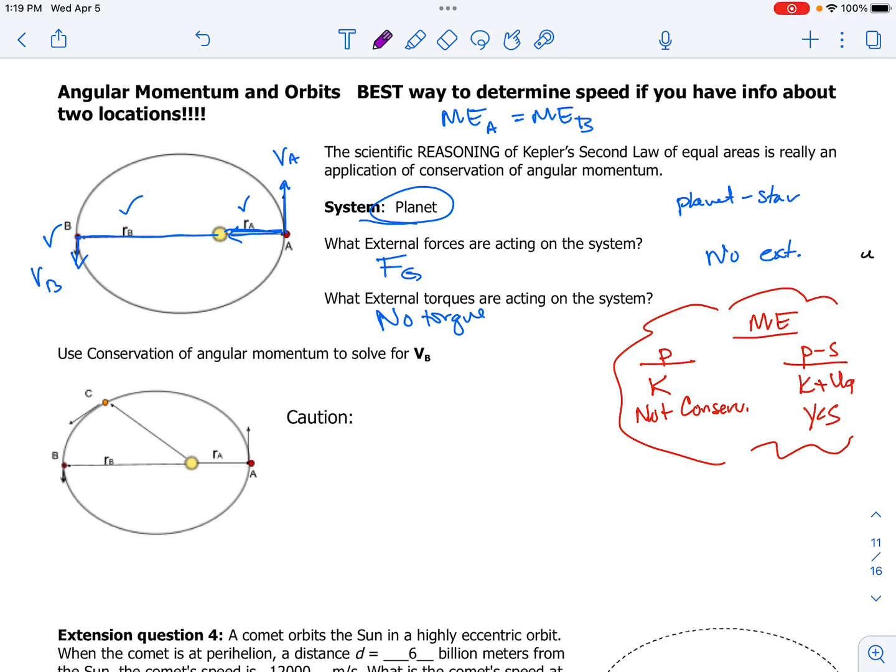Angular momentum discussion. I'll talk about this cautionary tale in a moment, but essentially if I look at position B and compare it to position A, the angular momentum at position B must equal the angular momentum at position A, for the reasons we stated. So angular momentum will treat these planets as particles.